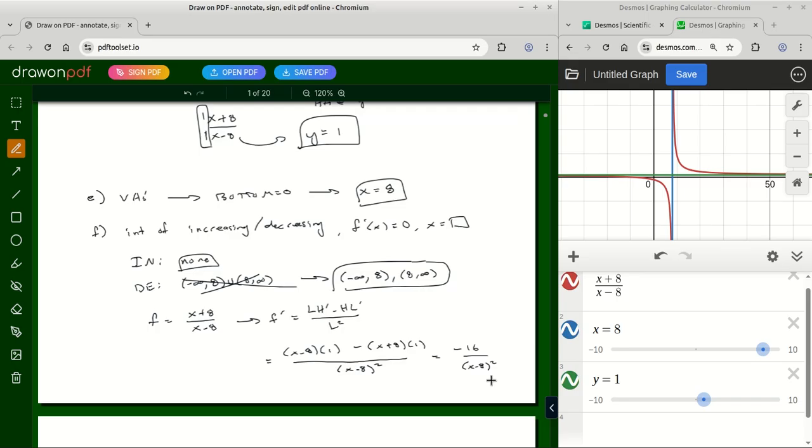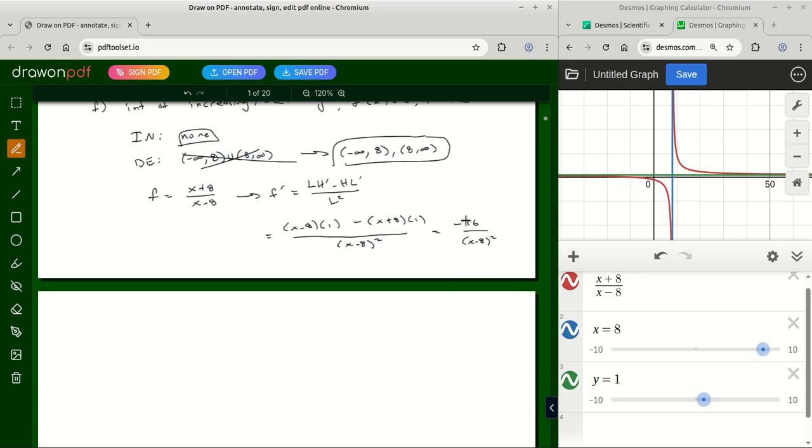And with this, I'm going to look for critical points. Well, there's nothing in the top, but on the bottom, you can see x equals 8 is going to be one of those critical points. So we're going to carry that on to the next page. On my interval, I would be testing both sides of 8 to see if it's increasing or decreasing. Of course, we're plugging into f prime. So f prime of, say, 7. We're just testing 7. So I got -16 over 7 minus 8 all squared. -16 over, so that's a negative, but it's squared to make it positive.